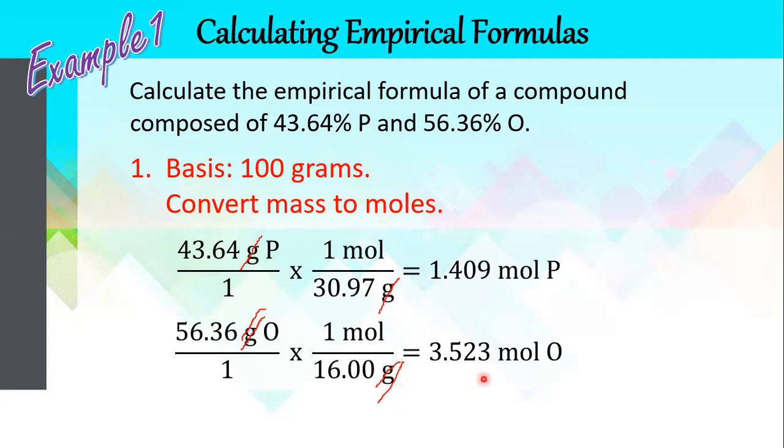It gets us to 3.523 mole of oxygen. Okay, and remember, we are talking about moles, and this is how many moles of phosphorus we have, and this is how many moles of oxygen we have. All right.